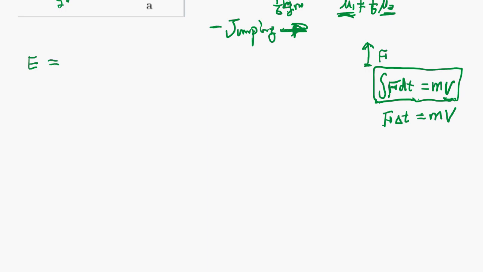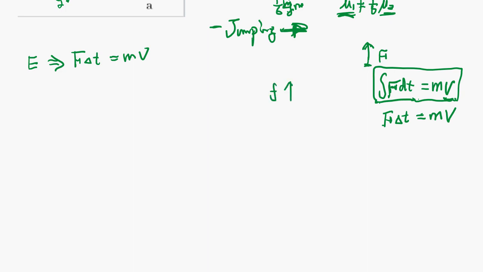So on Earth, you have F delta t, and that equals mv.